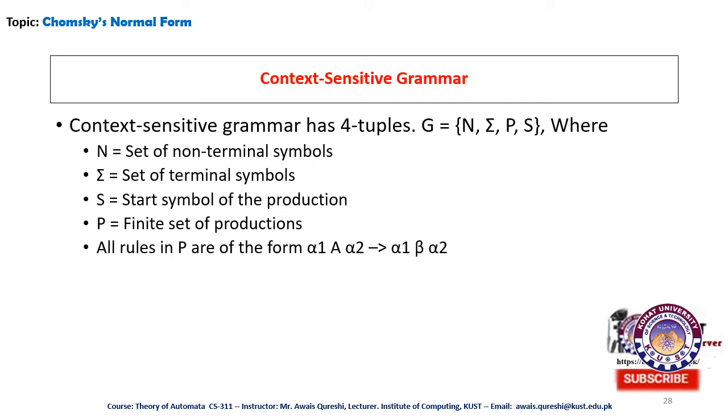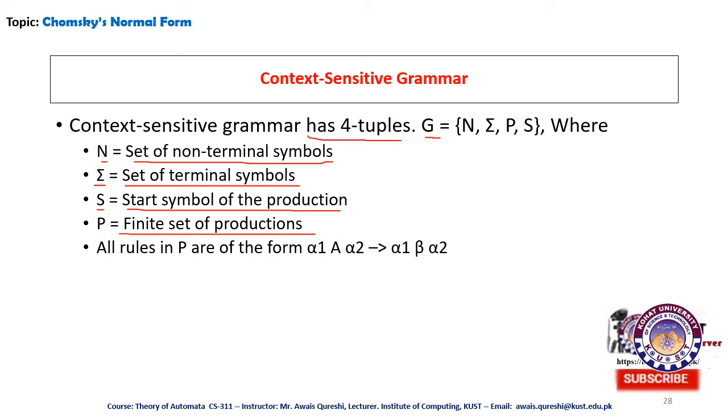So context sensitive grammars also have some rules, and a grammar contains 4 tuples, G = (N, Σ, P, S). N is a set of non-terminal symbols, Σ is the set of terminal symbols, S is the start symbol of the production, and P is a finite set of productions.